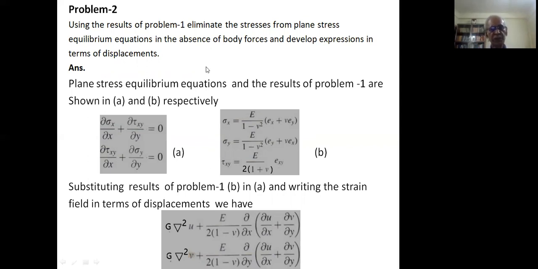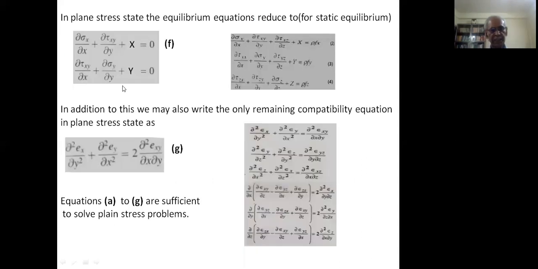So what we have to do, first thing, is to write the equation of equilibrium for plane stress. If we go back a bit, you will see that for plane stress, equation of equilibrium is equation F. And equation F, it is simple: del sigma x by del x plus del tau xy by del y plus capital X equal to 0, and del tau xy by del x plus del sigma y by del y plus capital Y equal to 0.